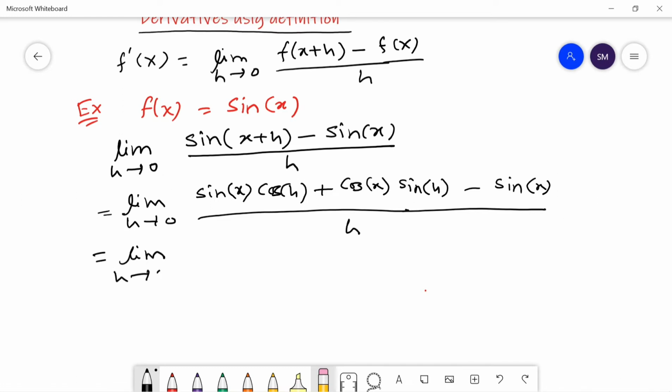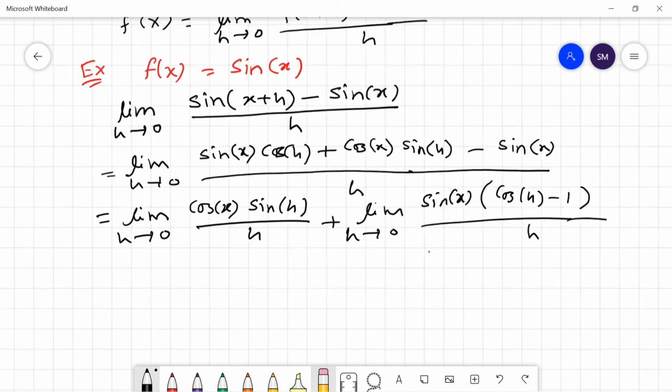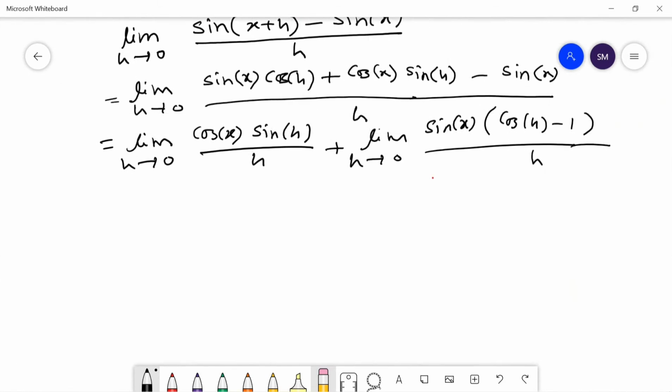This is equal to, separating into two parts, limit h tends to 0 of cosine x sin h over h plus limit h tends to 0 of sin x times cosine h minus 1 over h. Sin h over h is equal to 1.